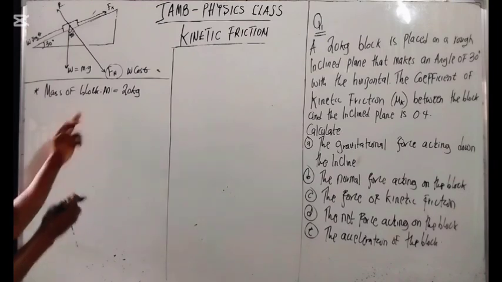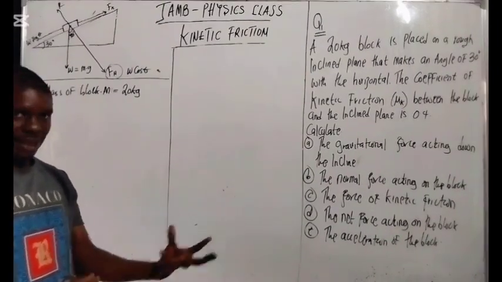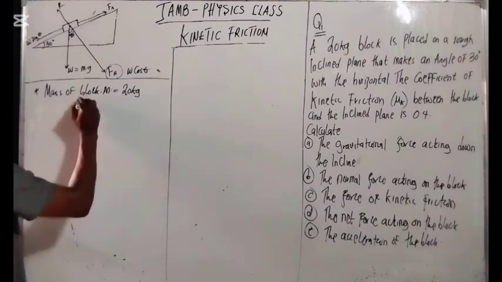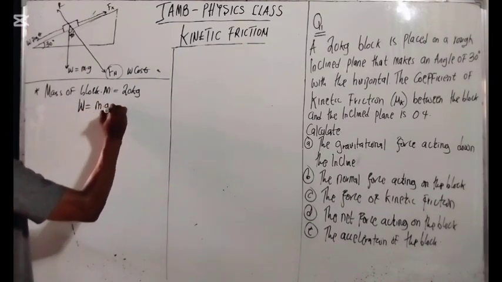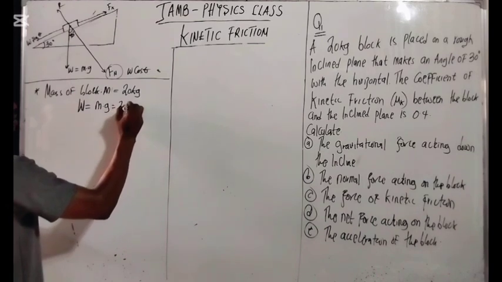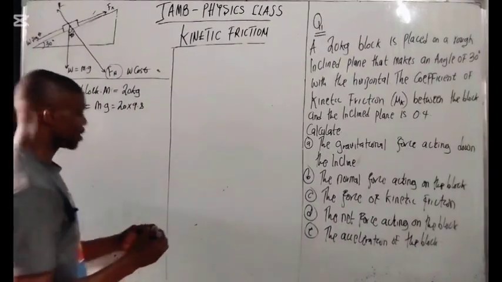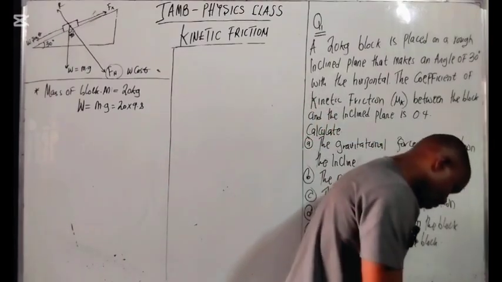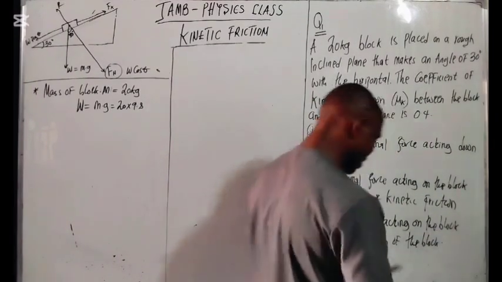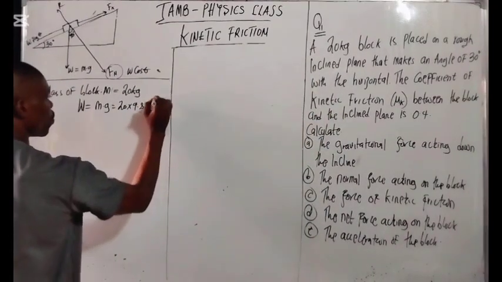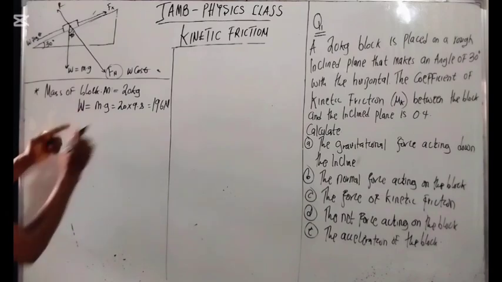From here, let us get our weight, W. My W equals m times g, which is 20 times 9.8, because the acceleration due to gravity is 9.8. So 20 times 9.8 gives 196 Newton.